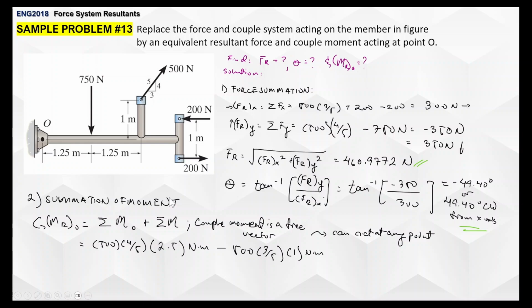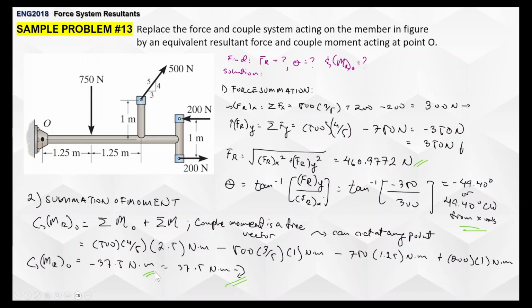And then let's try the 750, which is gonna be clockwise. So 750 times 1.25. And then, of course, finally, positive 200 times 1 meter. So that's going to be Newton meter. And then you simplify this, you will yield negative 37.5 Newton meter or 37.5 Newton meter with the clockwise symbol, negative clockwise symbol.